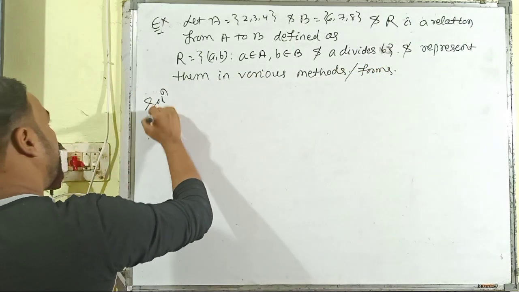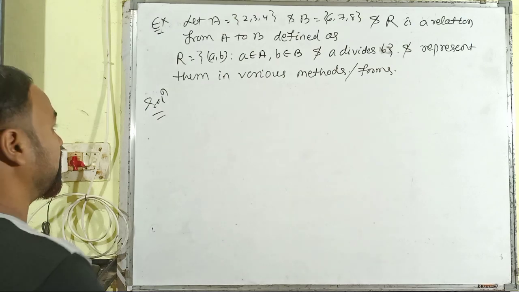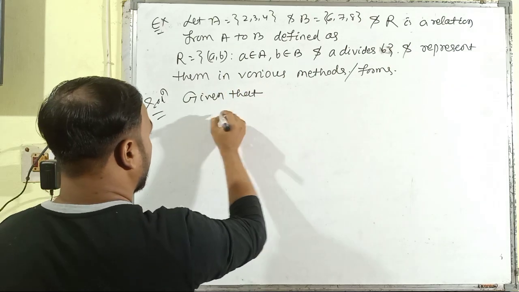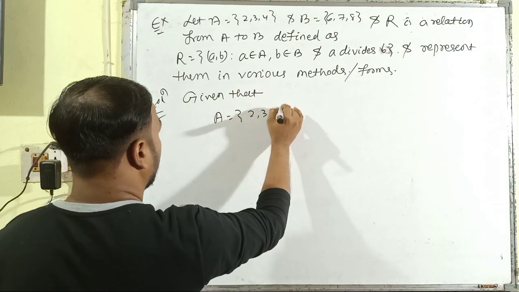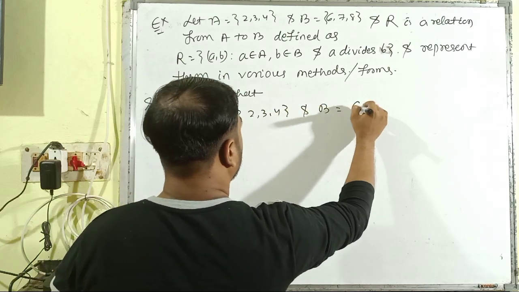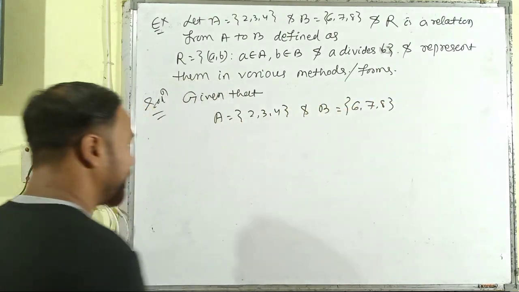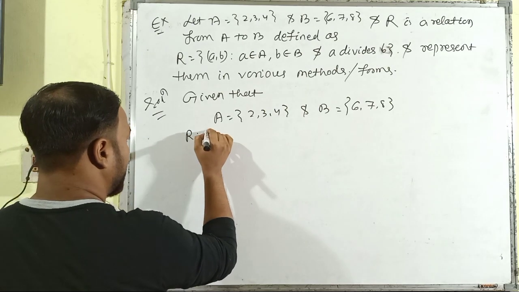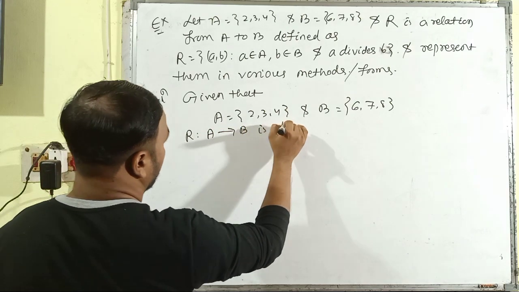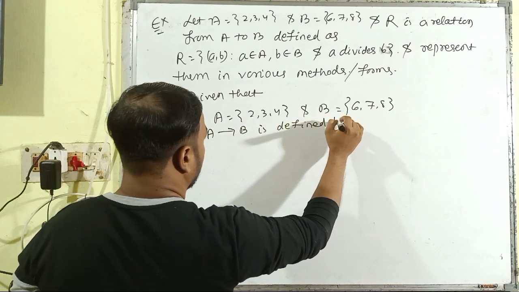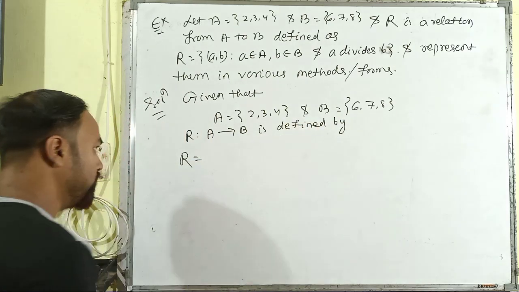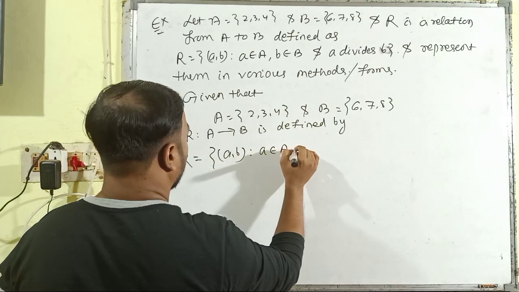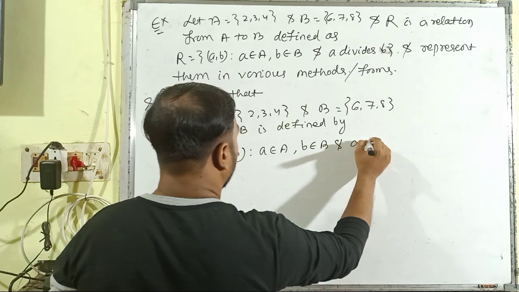Okay, the solution is here. First of all, we have to go through the given conditions. Given that set A equals {2, 3, 4} and set B equals {6, 7, 8}, R from A to B is a relation defined by R equals the ordered pairs (a, b) such that a belongs to A, b belongs to B, and a divides b.